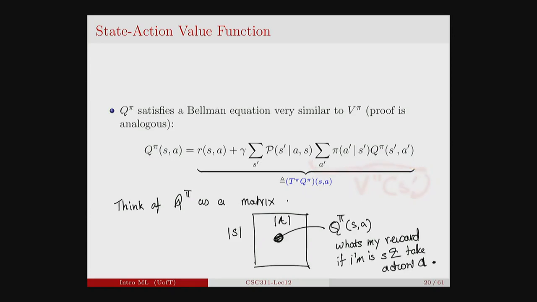And that's how we obtain the recurrence relationship for the Q function. And so you should think of this Q pi as this matrix. This matrix has dimensions norm S by norm A, and Q pi of S comma A is what is the reward if you're in state S and take action A. So any questions about what Q pi is? Again, we're going to be following the policy pi, which is why there's a dependence on pi here.